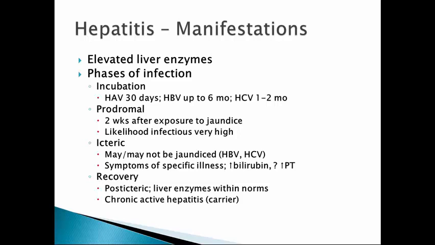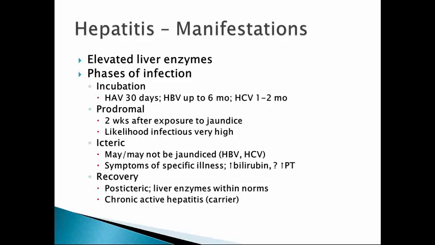And HIV, though the average is 1 to 2 months, could also be much longer. In the prodromal phase, this is usually about 2 weeks after their exposure until they become jaundiced. The likelihood that someone is infectious in this prodromal phase is going to be very, very high because this is when they're replicating that virus quite a bit.